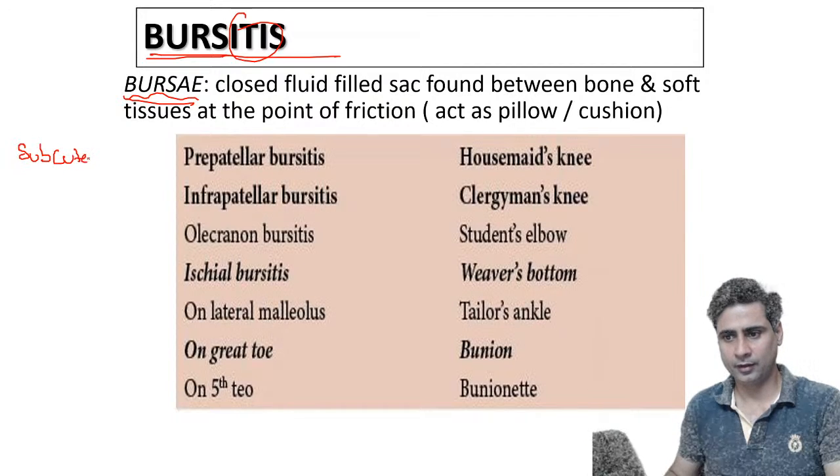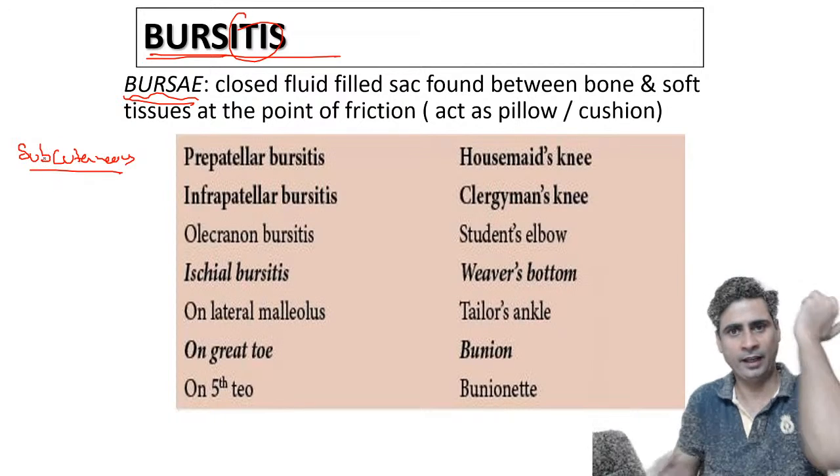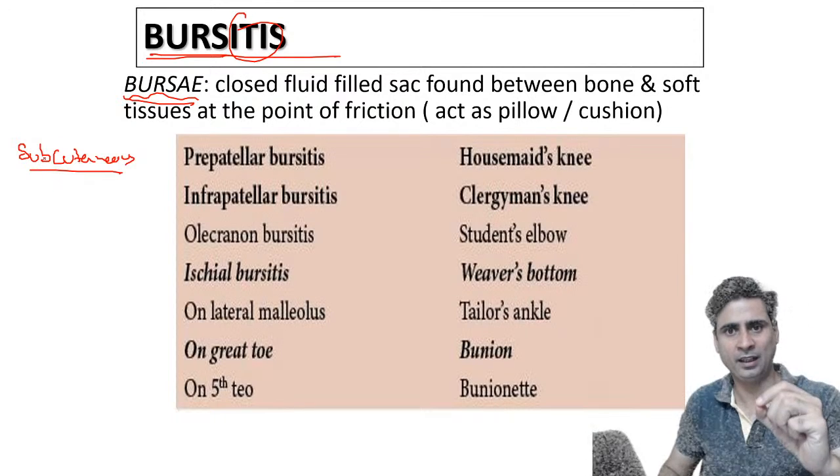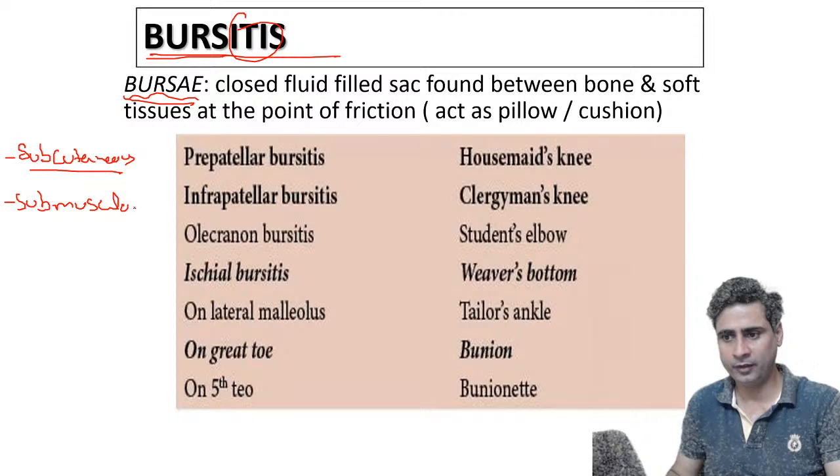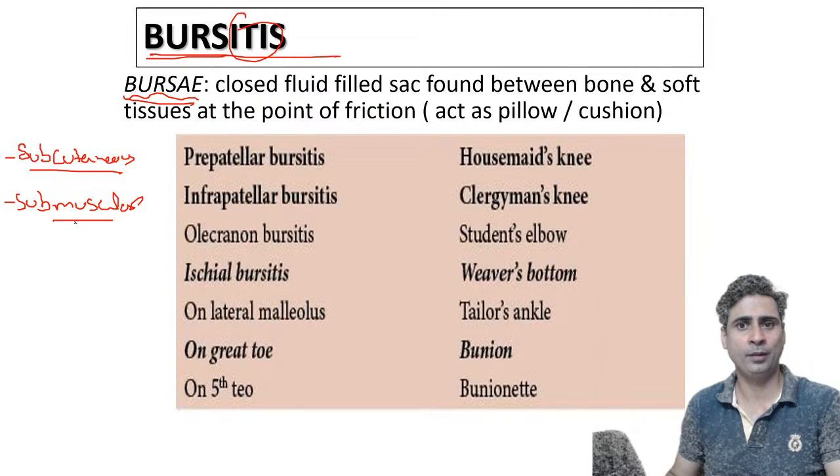Subcutaneous, where bursa is present between bone and skin, like olecranon bursa, or prepatellar bursa between patella and skin. There may be submuscular, that is between muscle and bone. For example, gluteal bursa, deep to gluteal muscles.